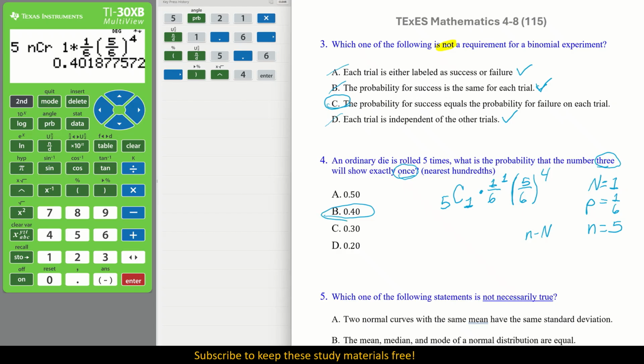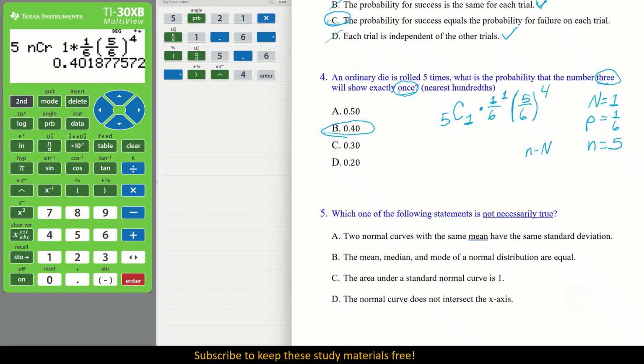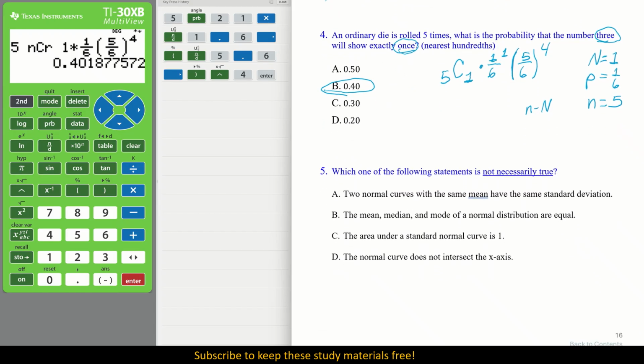So let's look at number 5. It says, which one of the following statements is not necessarily true? Let's read through them. A: two normal curves with the same mean have the same standard deviation. That is not always true.